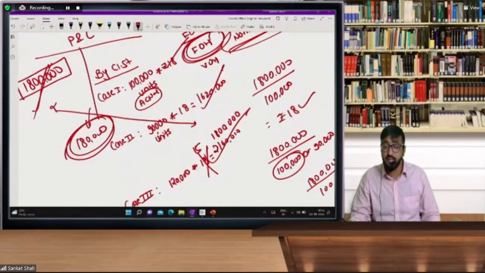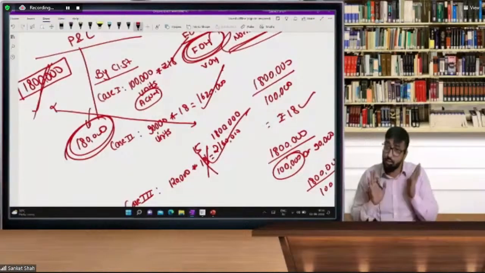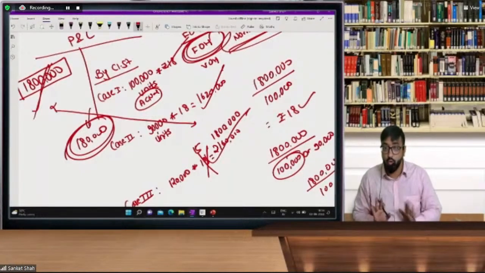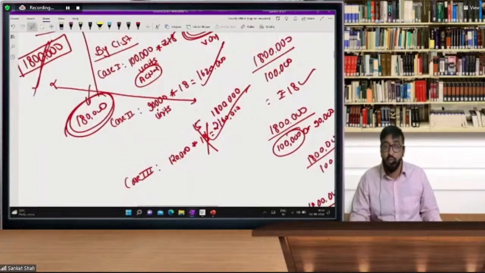In the second case, you will multiply by rupees 18 once again, but your closing stock value will be 16,20,000. Below 18 lakhs is okay, but above 18 lakhs is not okay. Therefore, in the last case, we multiply not by 18 rupees, but by rupees 15. So the principle is very simple: you must multiply by the amount calculated as total overhead divided by actual capacity or normal capacity, whichever is higher.